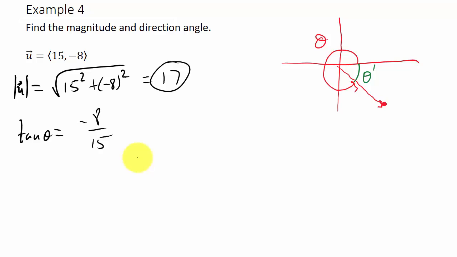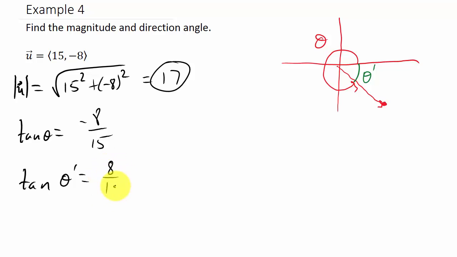But I think you need to learn to do it with the reference angles, because that's what you're going to have to use when it's in the second and third quadrant. Using a reference angle is going to work every time. So to find our reference angle, we have tangent theta prime, and this prime just means reference angle. Some books use different symbols to represent the reference angle.